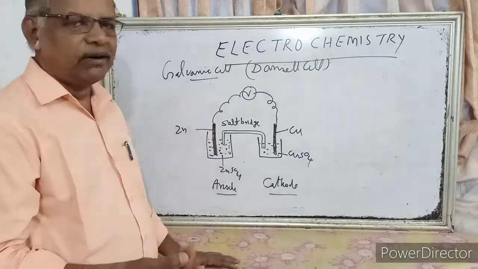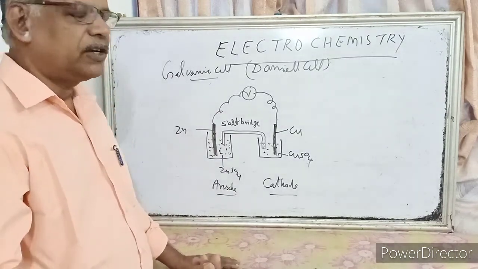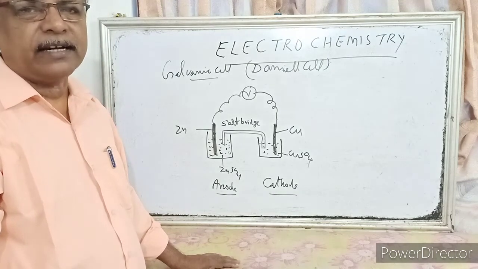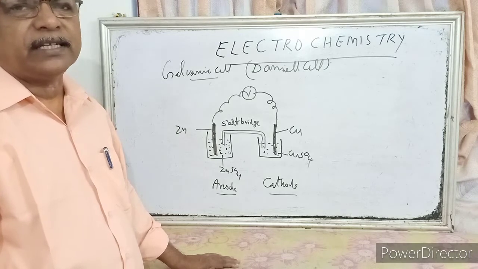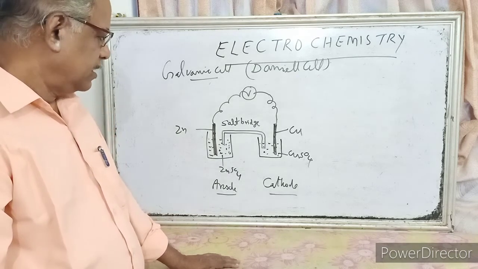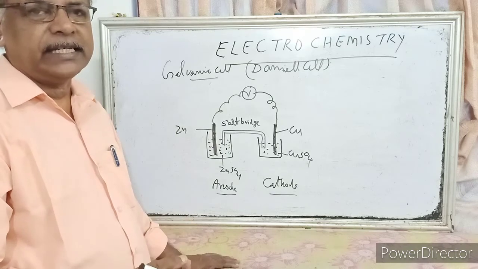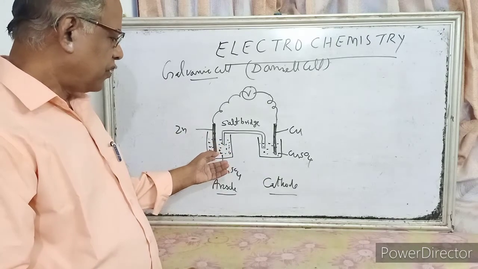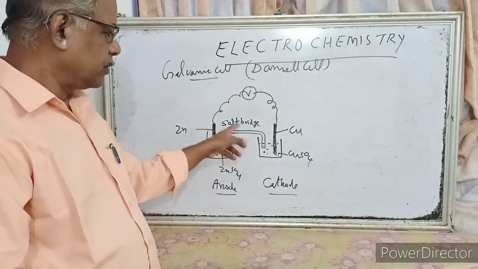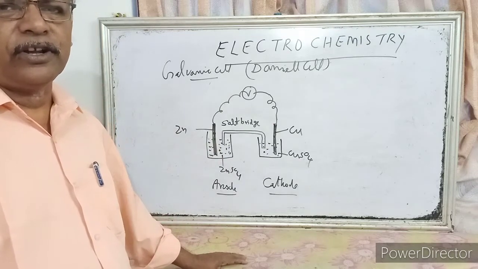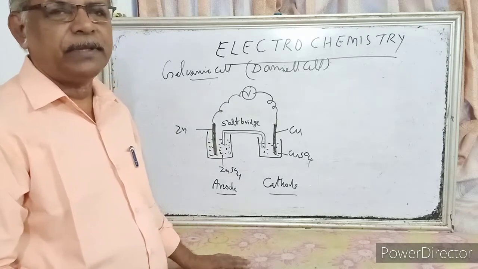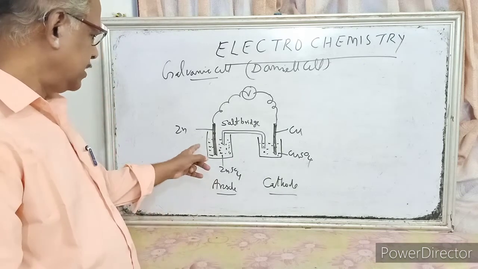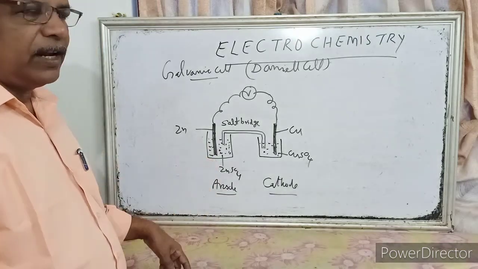So you have to know what a salt bridge is and what its use is. A salt bridge is a bent glass tube filled with potassium chloride, potassium nitrate, etc., which is mixed with agar. The function of the salt bridge is to help the continuity of the circuit, and it keeps the neutrality of the solution. It keeps the neutrality of the solution, meaning during the reaction the zinc will undergo oxidation.